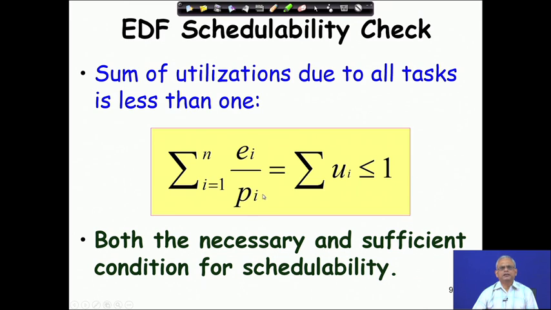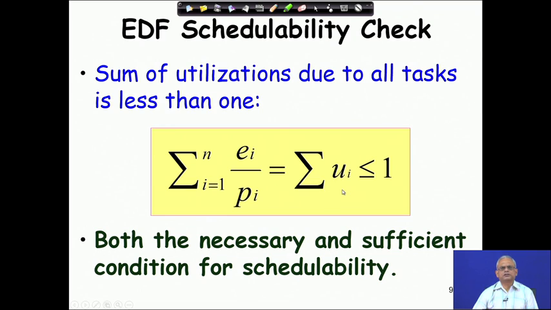Ei by Pi, as we mentioned earlier, is basically the utilization of that task. It takes Ei execution over a Pi duration, and therefore the utilization due to the task Ti is Ei by Pi. We represent that using Ui.